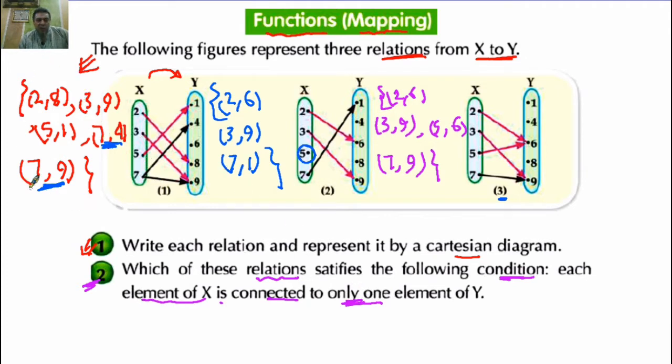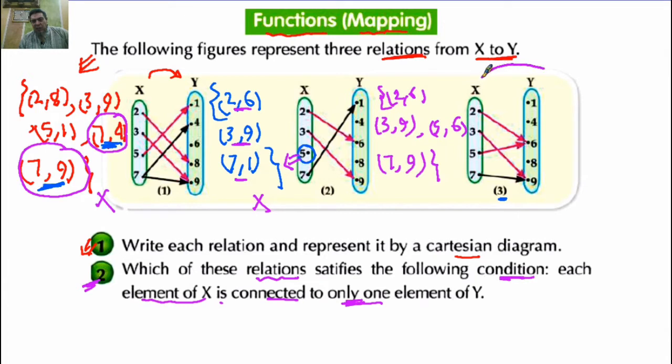The first relation: the element 7, as we said, is connected with two elements, with 4 and with 9. The second relation: 2 and 6, 3 and 9, 7 and 1. All elements except 5 are connected with an element in y. That's wrong. Third relation: 2 and 6, 3 and 9, 5 and 6, 7 and 9.